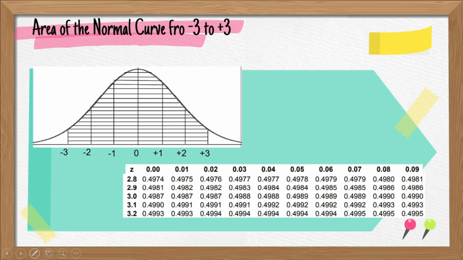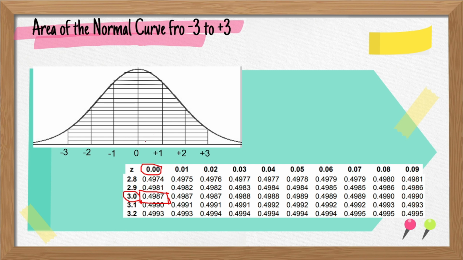Okay, another example. So, we have the area of the normal curve from negative 3 to positive 3. So, hanapin natin yung z-score na 3 sa ating z-table. So, dito siya. And 0.00. So, ang magiging katapat ay 0.4987.